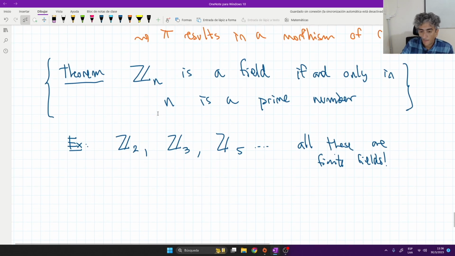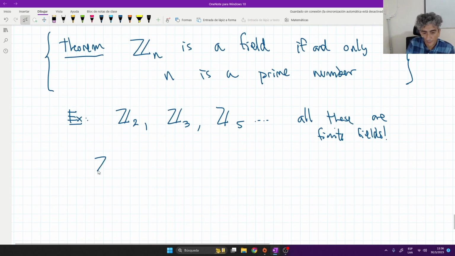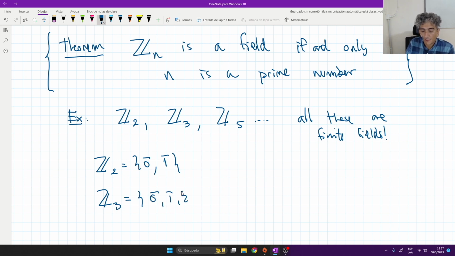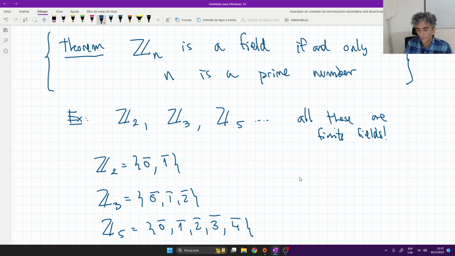So, just to be explicit, the class of 0 and the class of 1 is a field of 2 elements. Z sub 3, 0, 1, and 2. This is a field of 3 elements. Z sub 5, so we have the class of 0, class of 1, class of 2, class of 3, and class of 4, is a field of 5 elements.